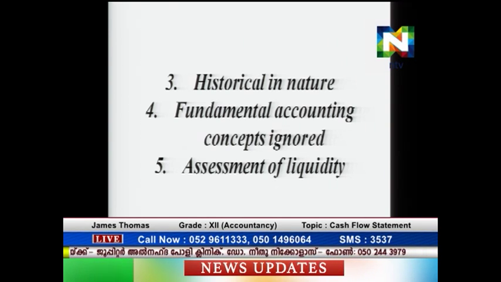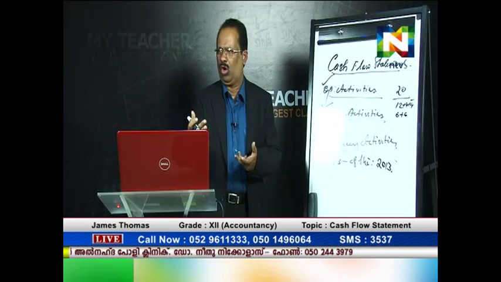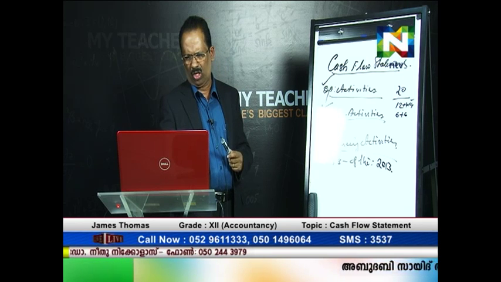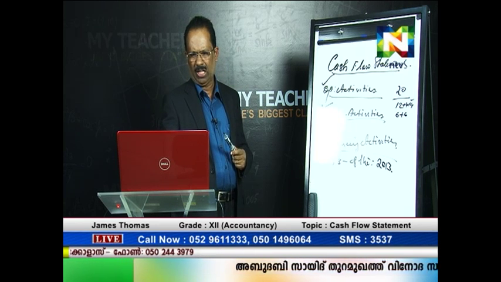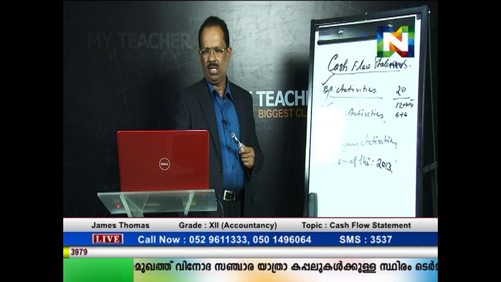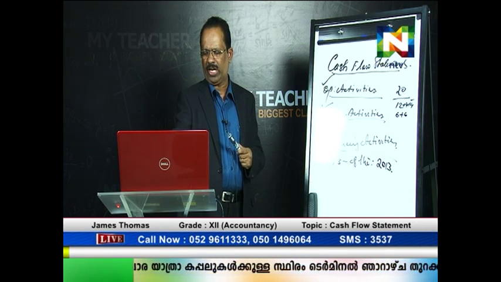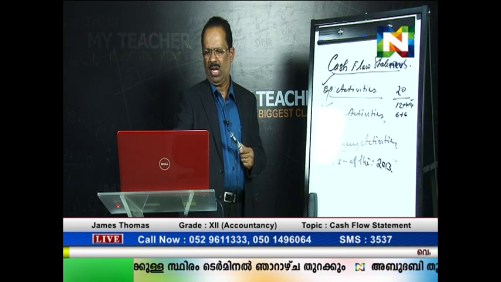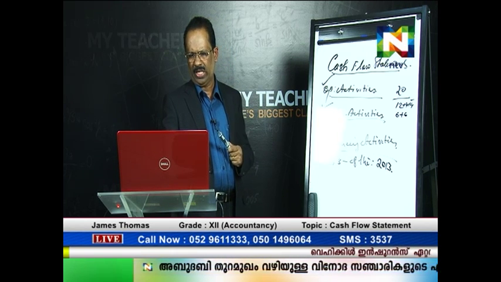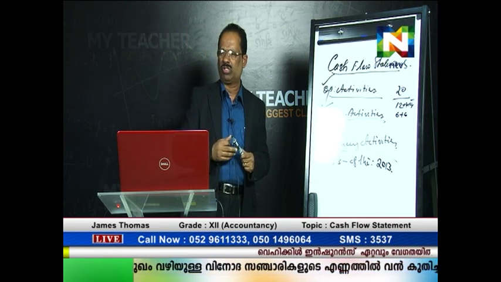So now listen once again. We have studied a lot of points. The first point is what we mean by a cash flow statement, and what the main objectives of the cash flow statement are, and what the different components of the cash flow statement are. Now listen, the cash flow statement has three parts.